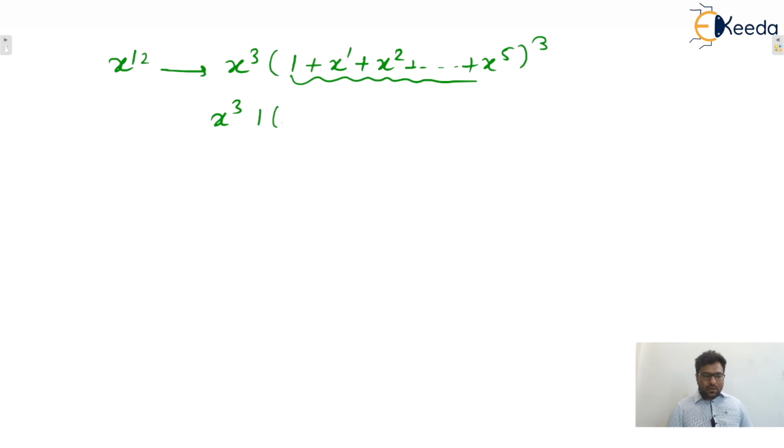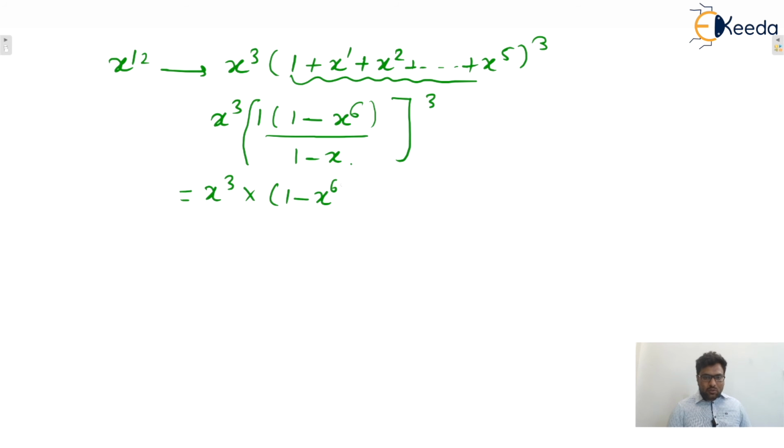The first term is 1, the common ratio is x, and the total number of terms is 6. So it is 1 minus x raised to power 6 divided by 1 minus x. And whole cube is also there. So you tell me, this can be written like that, x cube into 1 minus x raised to power 6 whole cube into 1 upon 1 minus x whole cube.